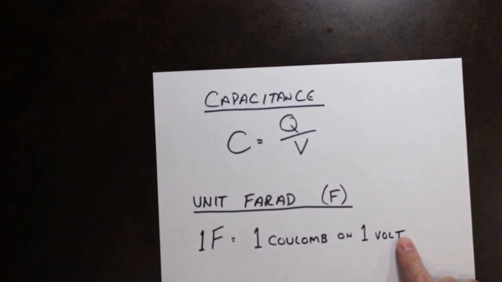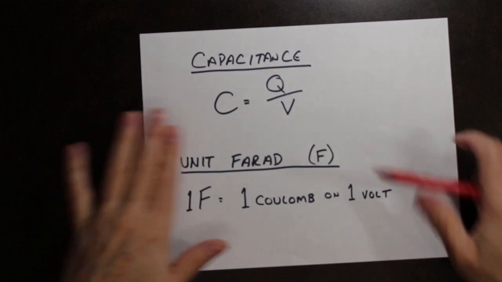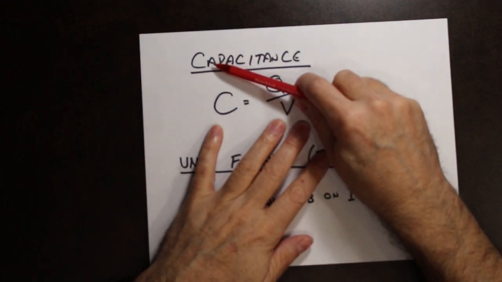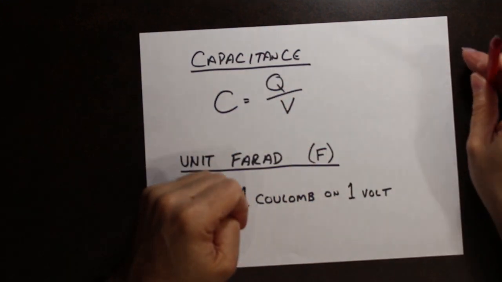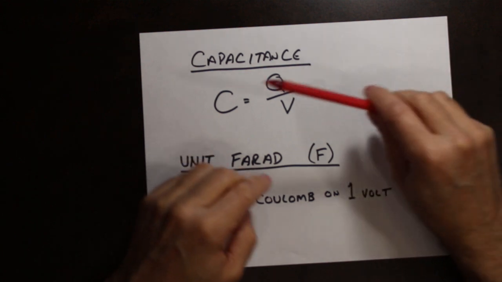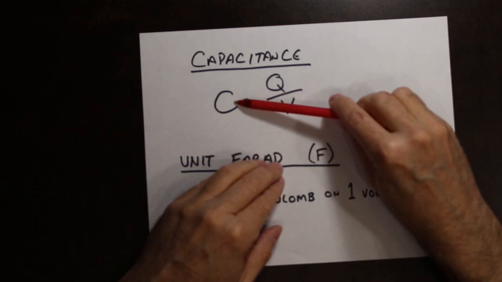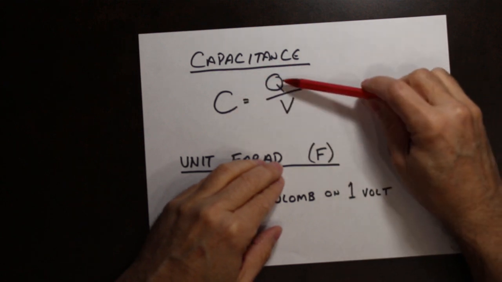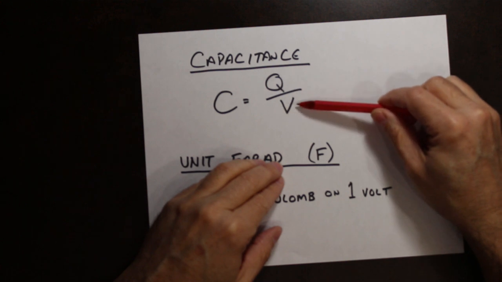The unit is the capacitance of a capacitor. Capacitance is the amount of charge that is stored per volt across the plates.